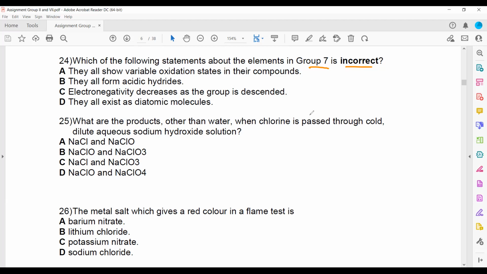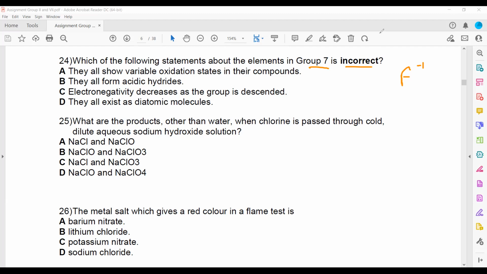Not all of them show variable oxidation states. For example, the common oxidation number for fluorine, chlorine, bromine, and iodine is -1. Few compounds are there in which they may have a different oxidation state. That statement is incorrect because fluorine does not show any other than -1.